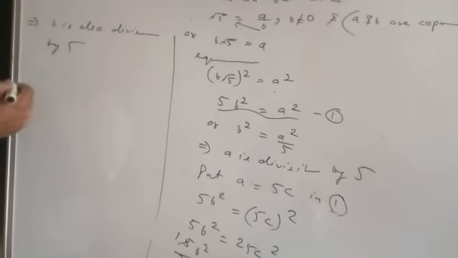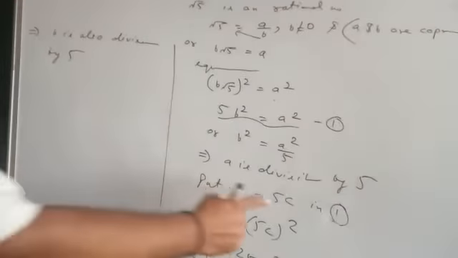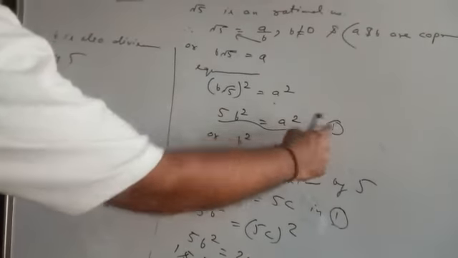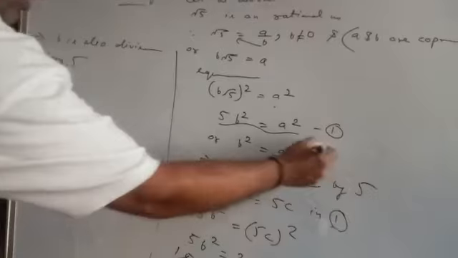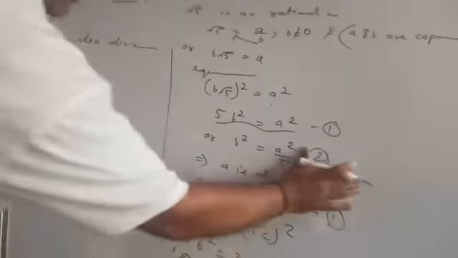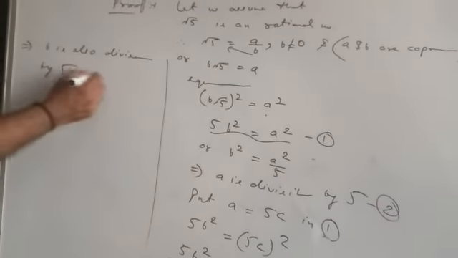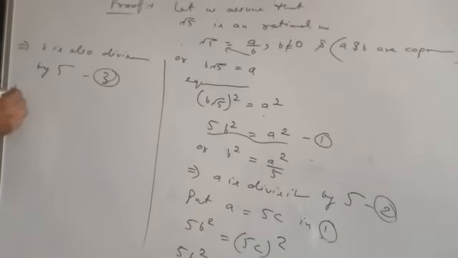Mention this one as, here this one we have mentioned 1, this one you can mention 2, and this one you can mention 3.